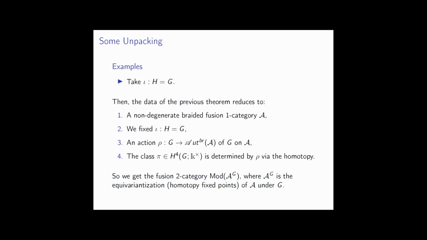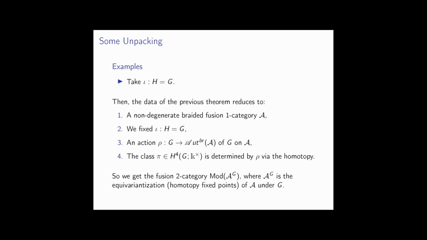So one example that is interesting to look at is if the inclusion of finite groups is just an equality. In this case, it turns out that a whole bunch of things are actually determined. You can still choose A. Then we have fixed the inclusion. So essentially we just have this choice of the action of G on A, because 4 and 5 cancel each other out.